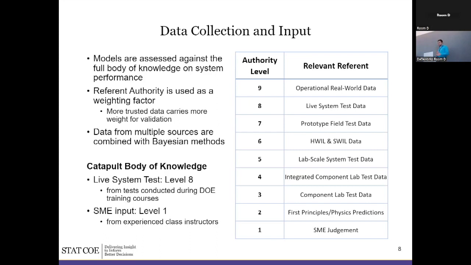Even though we collect all our data, we have a sort of weighting factor, because even though you're looking at your entire body of knowledge, if your model matches information from real world data collection or operational tests, matching that data is much more important than matching just your physics predictions or your SME judgment from earlier in program conception. And so that weighting scheme is used to help understand where matching is really important.